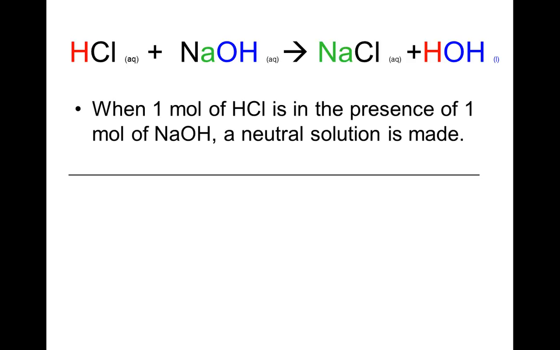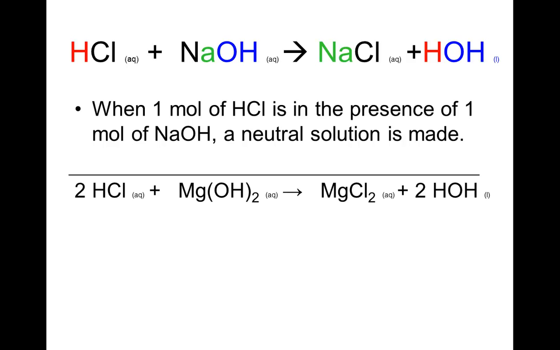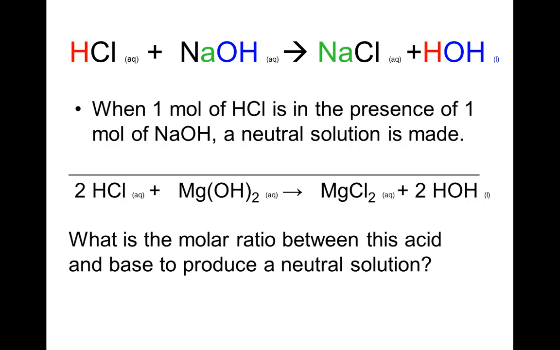So let me ask you this question. If 1 mole of hydrochloric acid is in the presence of 1 mole of sodium hydroxide, we know a neutral solution is made. If we have 2 moles of hydrochloric acid reacting with 1 mole of magnesium hydroxide, we get magnesium chloride and 2 moles of water. So what is the molar ratio between this acid and this base to produce a neutral solution?